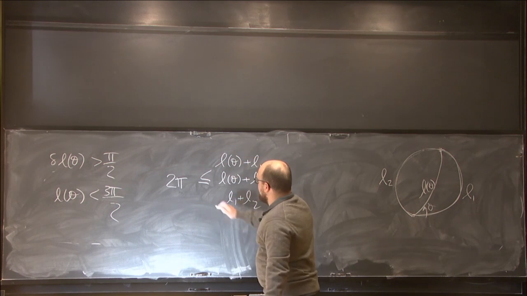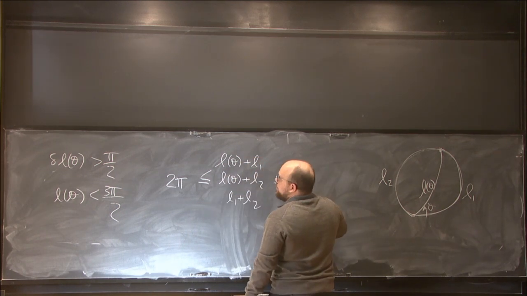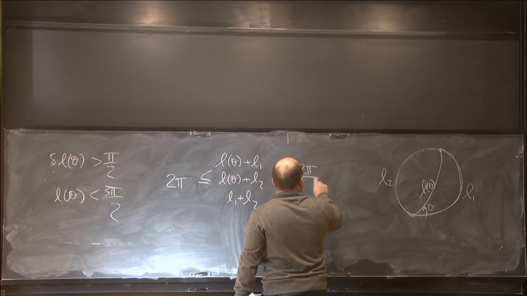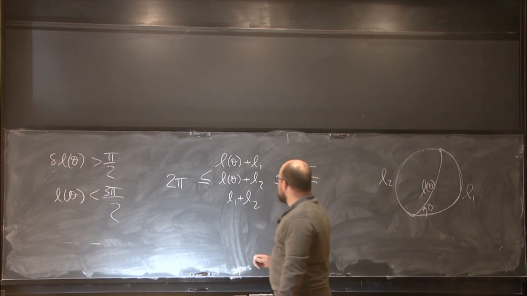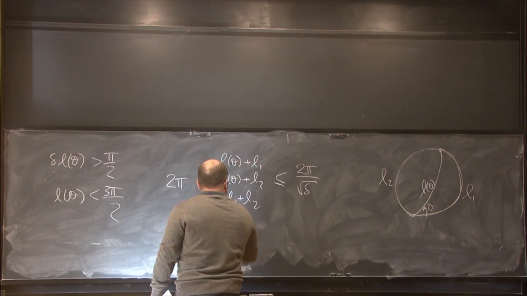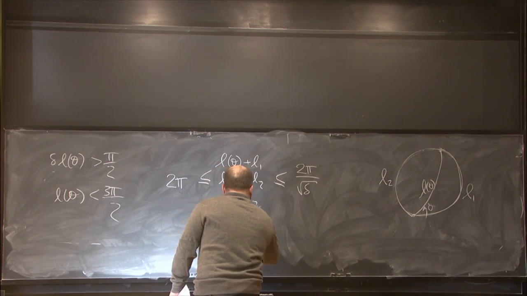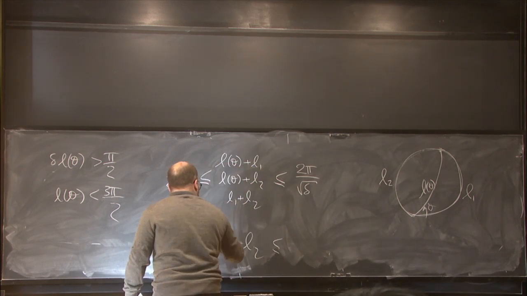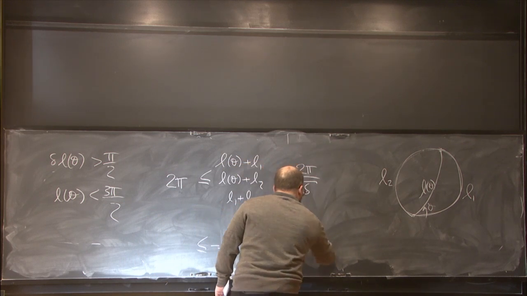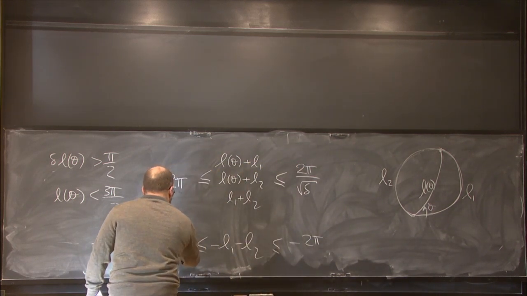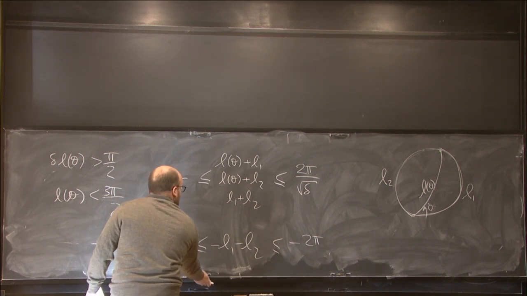And from above, that's Toponogov, we're going to get 2 pi divided by square root of delta. So, in particular, if you reverse the sign on the last ones, you get these estimates.